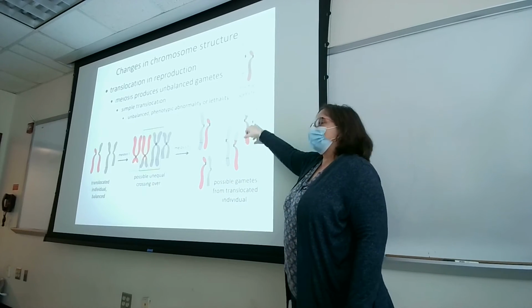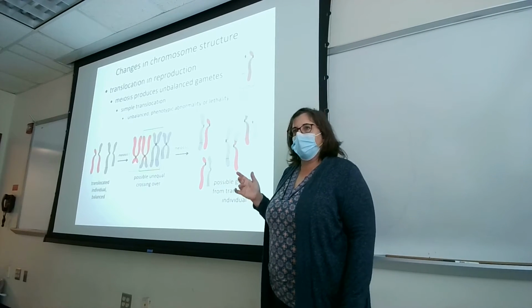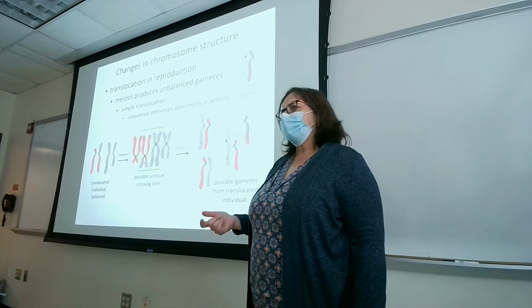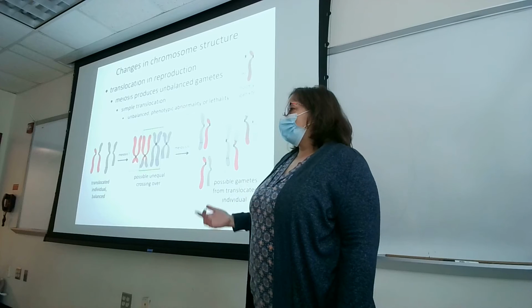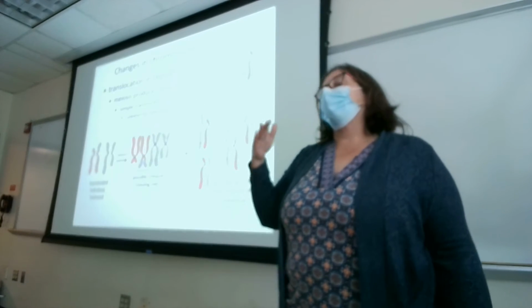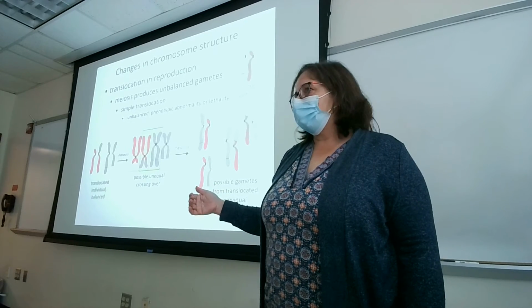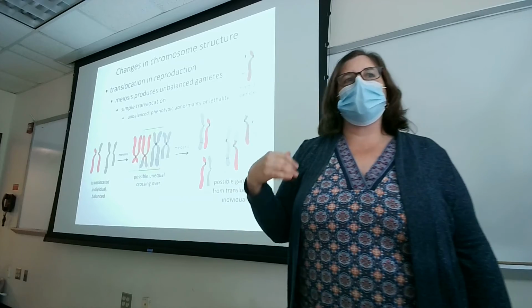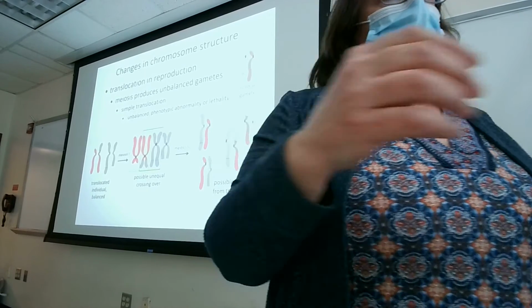And this one will actually be just like their parent. Whatever their phenotype is, they'll have the same one. All right? So a lot of these issues with chromosomes aren't really as harmful to the individual as they are to the offspring of the individual. Okay. They usually reduce fertility. They usually cause issues in that way.